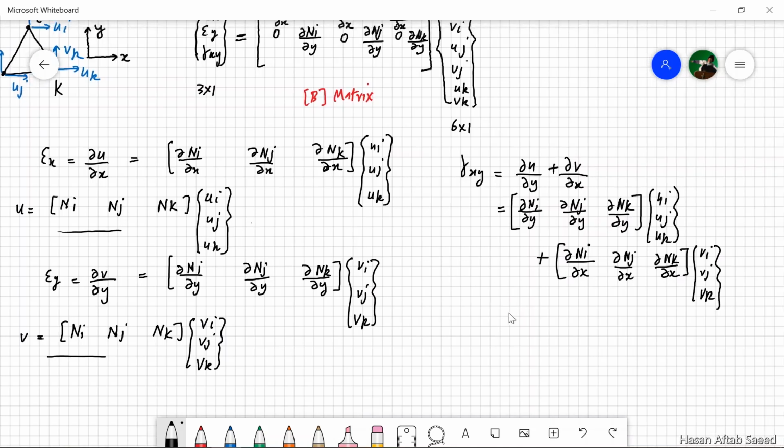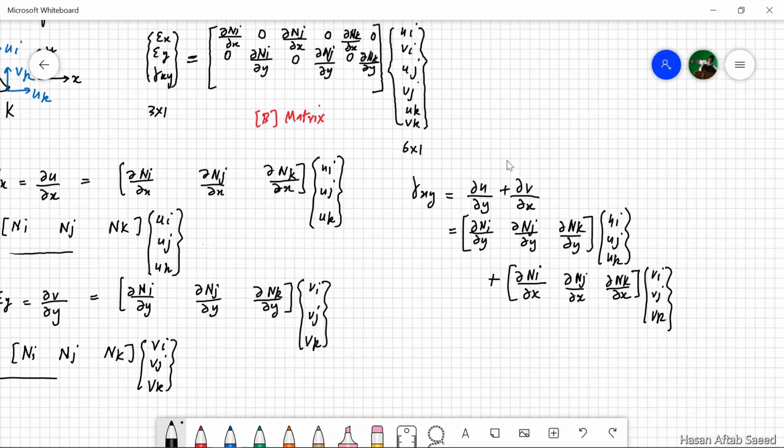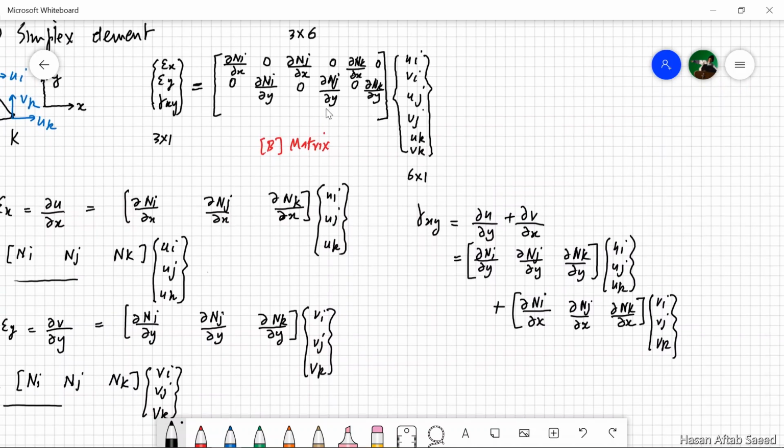Now here we don't need to put zeros anywhere in our matrix because ui, uj, uk and then vi, vj, vk are all here. All we need to do is put them in their proper places in the matrix above. So in this case we put the values like this: partial ni over partial y, because this multiplies with ui, and then we move on to partial ni over partial x because this gets multiplied by vi.